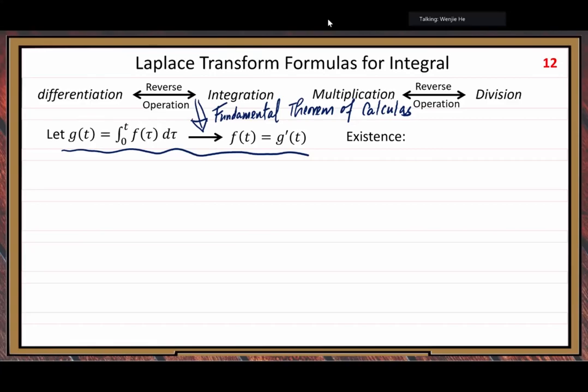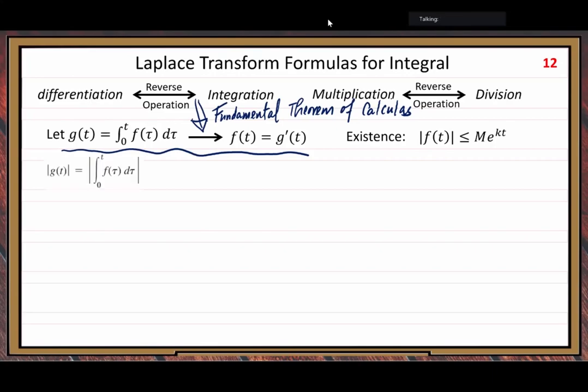Existence. Before we apply Laplace transform on it, we want to look at the existence question. First, we assume this inequality to make sure that Laplace transform on f exists.